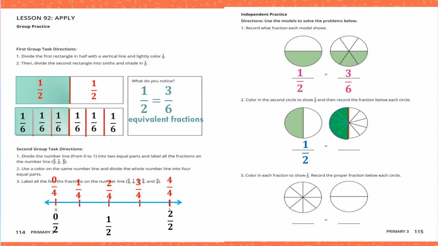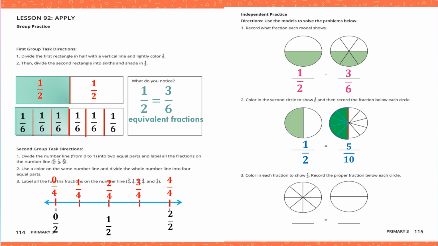So the fraction of this, how many colored parts? 1, 2, 3, 4, 5. 5 over what? The total parts are 10. So 5/10. Also, 1/2 equals 5/10. They are equivalent fractions. It looks different, but they have the same value.